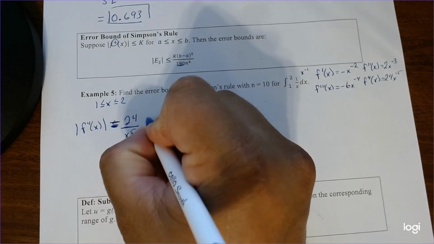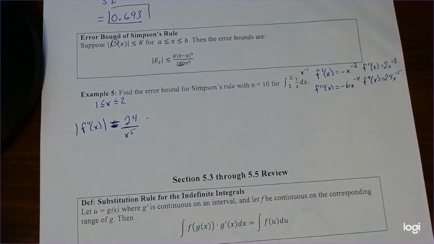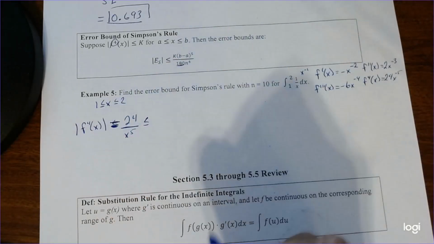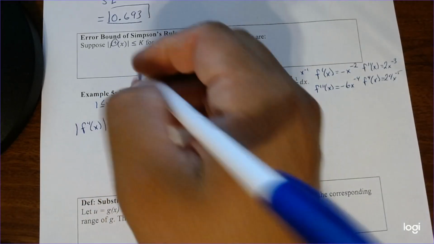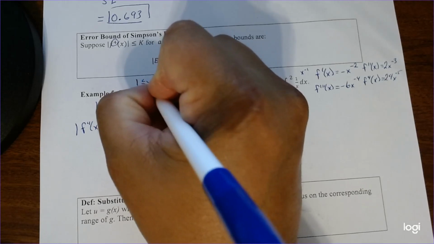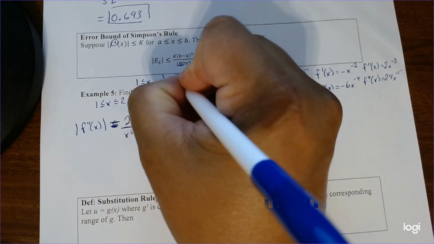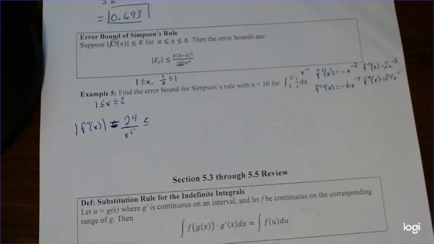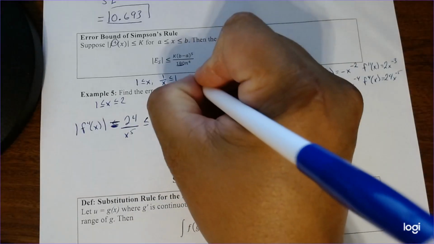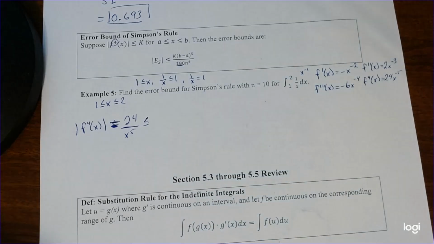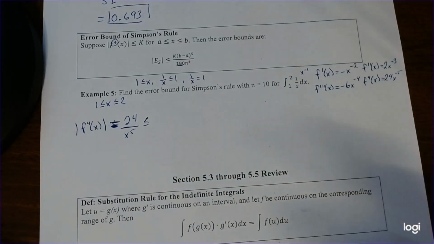We want this to be less than some value. So we can do the same process. We know that 1 is less than or equal to x. If we flip it, we get that now. So again, we're going to let 1 over x equal 1, the maximum it could possibly be, and plug it in.